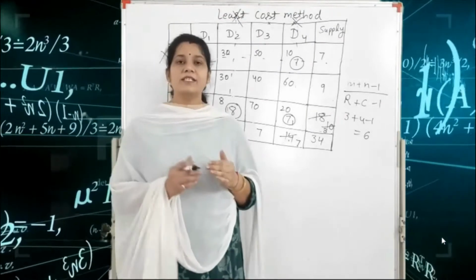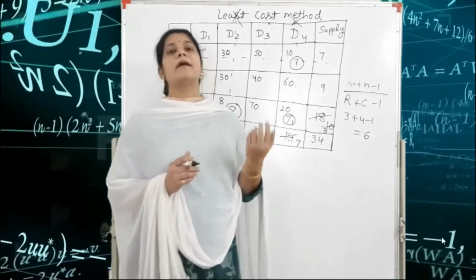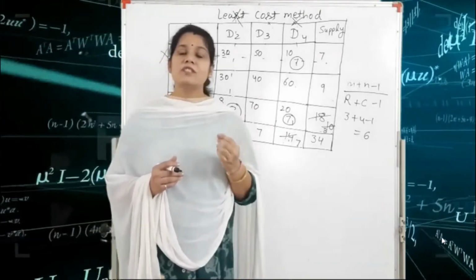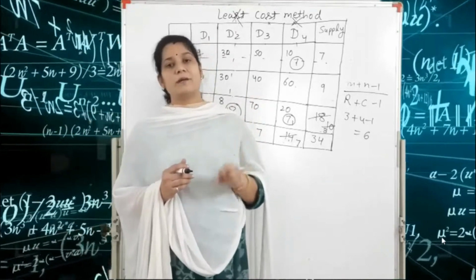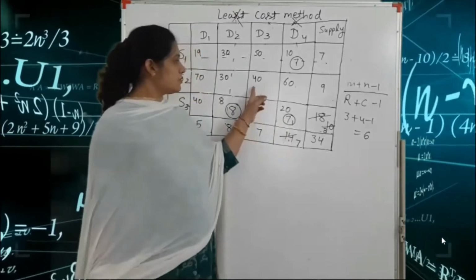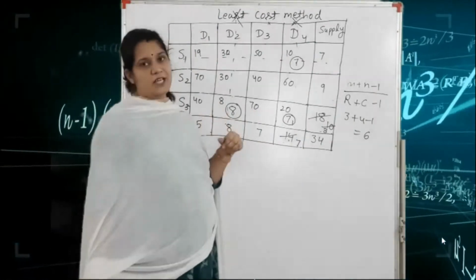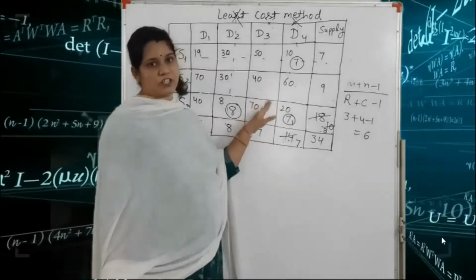So always keep in mind, if there is a tie between two allocation cells, always choose the maximum allocation number. So in this 40 we allocate 7, and in this 40 we allocate 3. Obviously this allocation number is maximum.